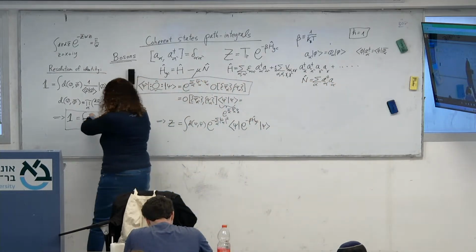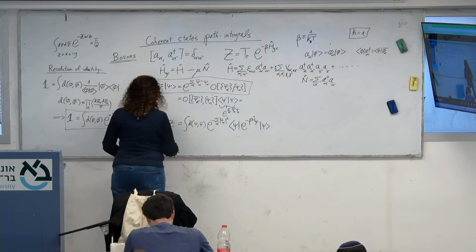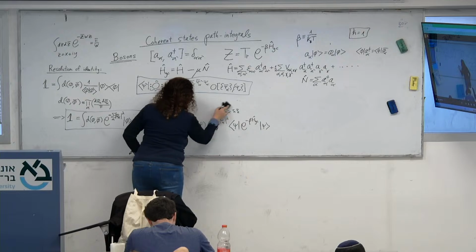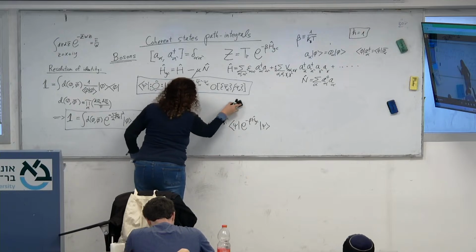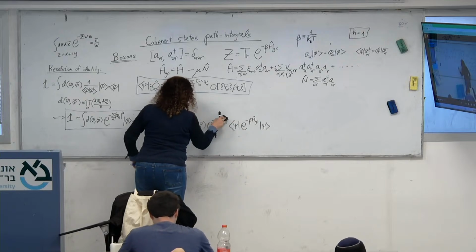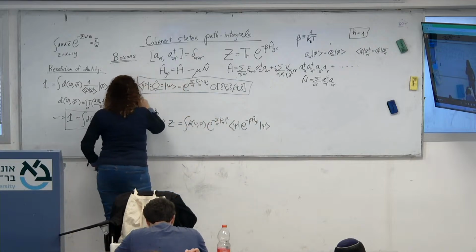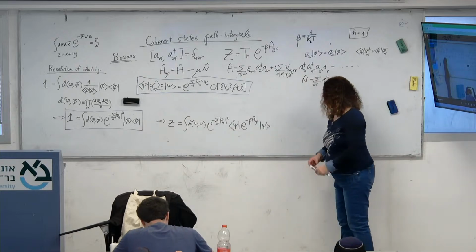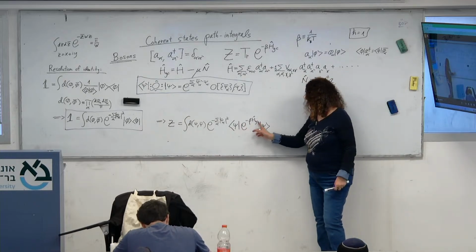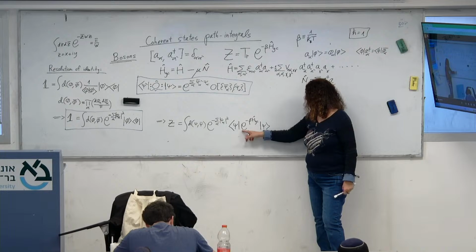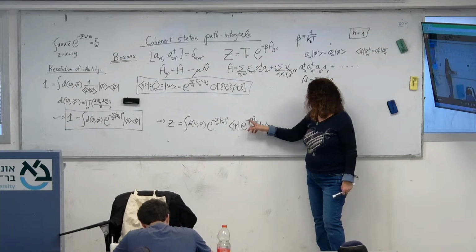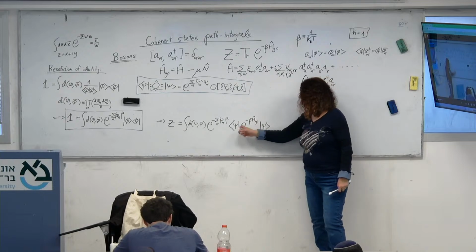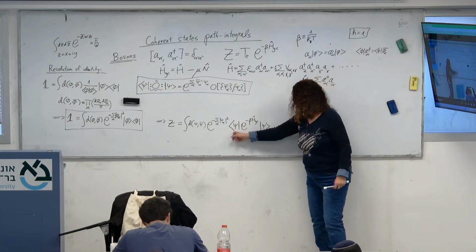So what I have to compute is a matrix element of the operator e to the minus beta h gc between some psi and some other psi, but it's the same psi outside.